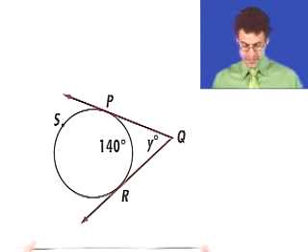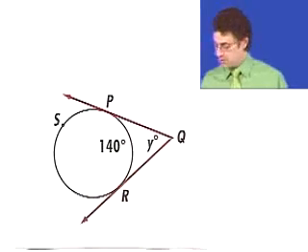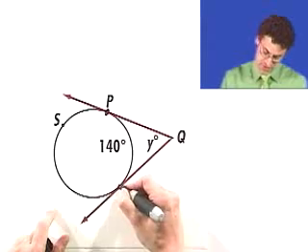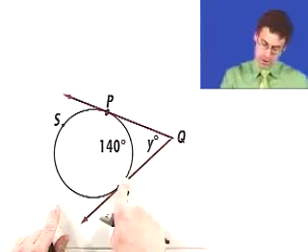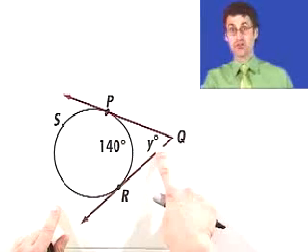Let's try one last example. See if I can stump us. So we're given this picture here. We're told that these two lines are tangent. So one line is tangent to the circle at P. One line is tangent to the circle at R. That's given to us. We're told that this inner arc right here is 140. And our mission is to find out what this angle Q is.